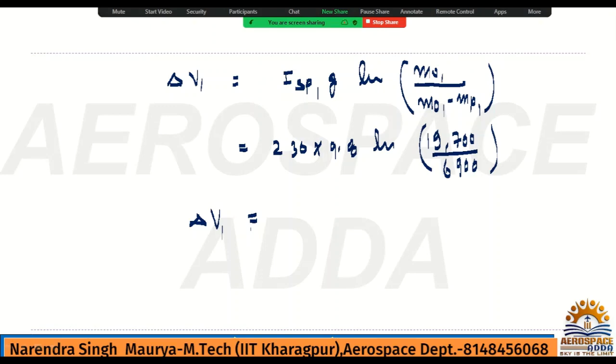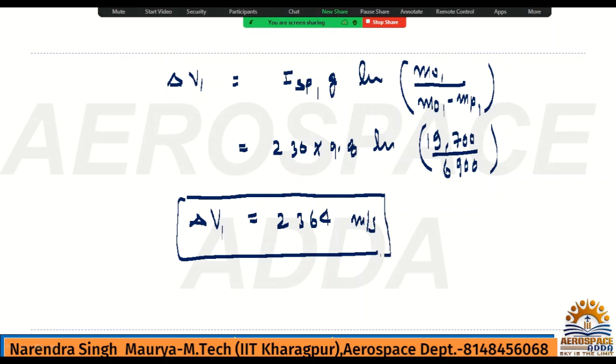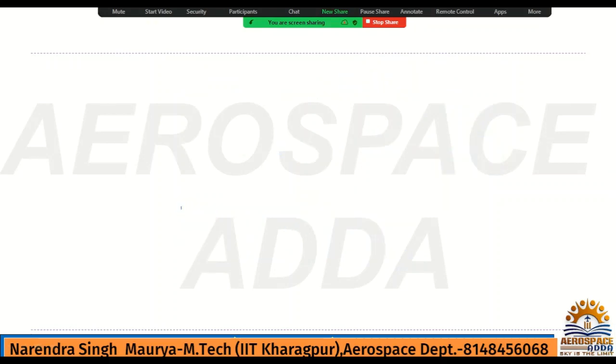I am getting 2255. So this is nothing but 2364 approximate meter per second. This is the delta V1. All right, now we'll go for the second stage.